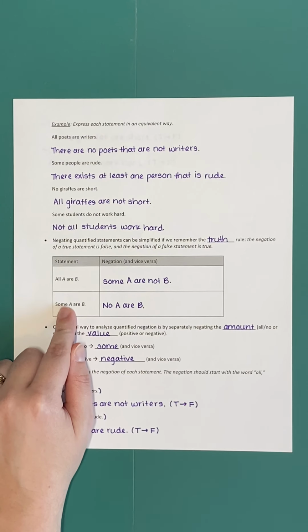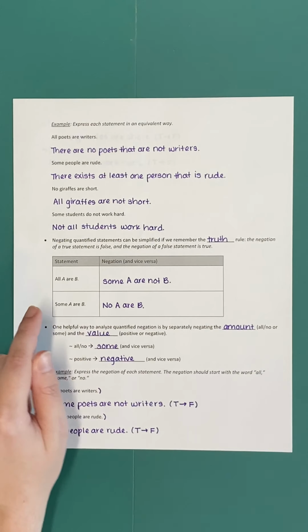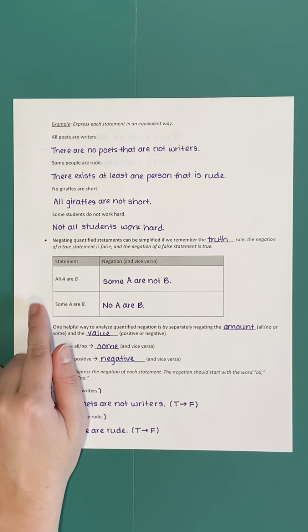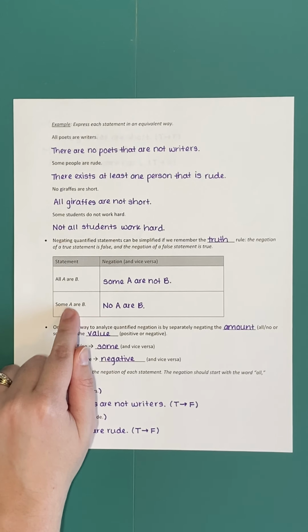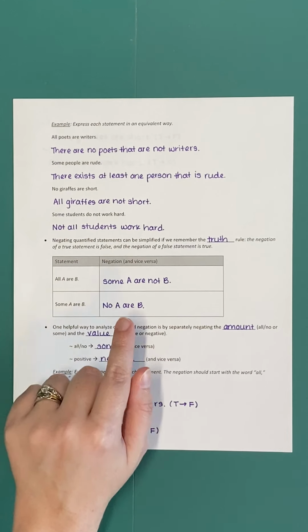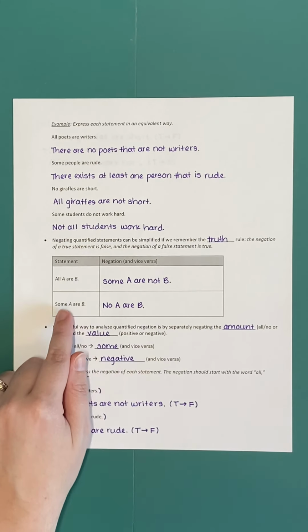Now, what if we said some A are B? The negation of that is no A are B. If it's not the case that some A are B, then we can say that no A are B. If it's not the case that no A are B, then we can say that some A are B.